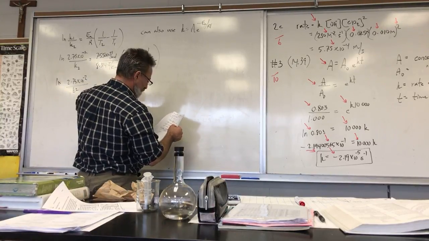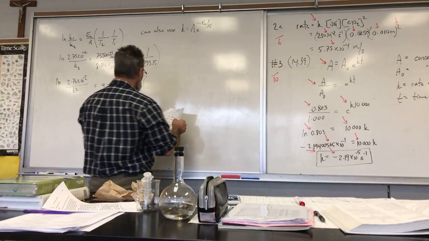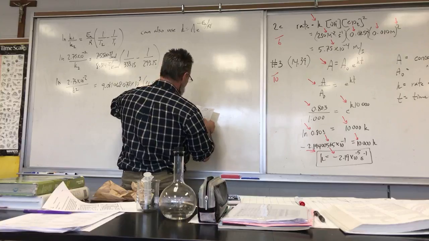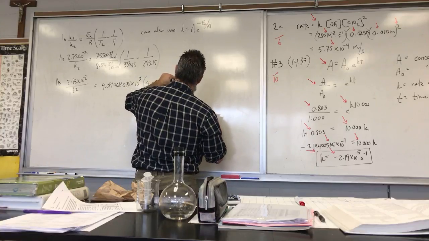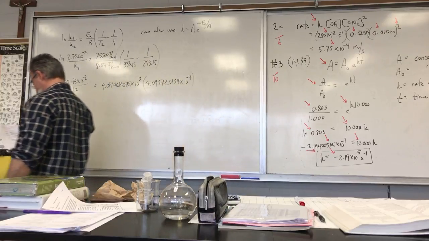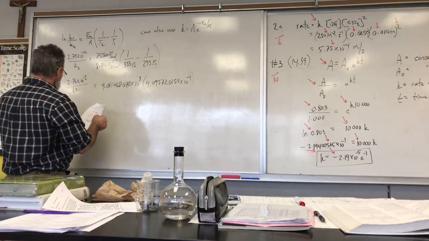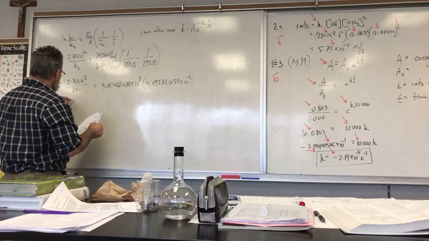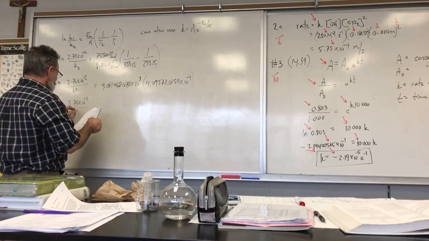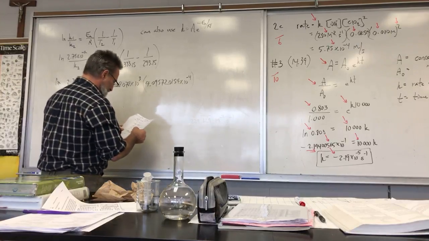You never round during the calculation, you only round at the very end. I know it's tedious, but if I didn't show you how to do it, somebody would imitate me and then you'd get rounding errors.